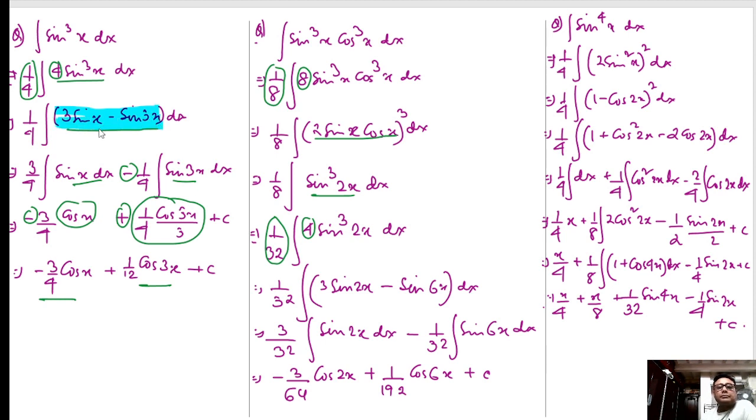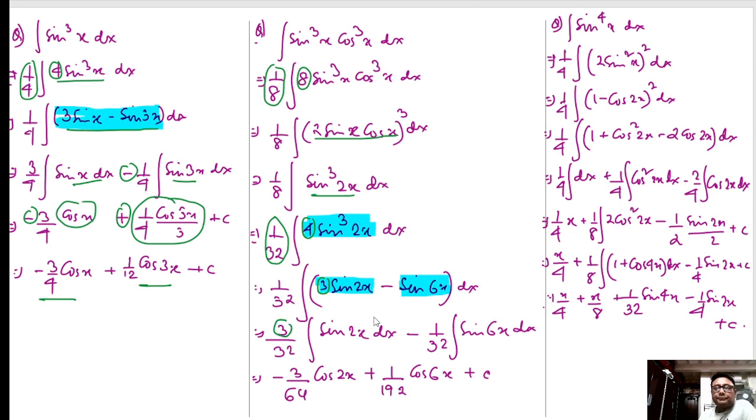Clear? So 4 sine cube 2x should be how much? It will become 3 sine 2x, and then minus sine 3x, so it will become minus sine 6x, because the angle is getting doubled. So now this 3 goes out.